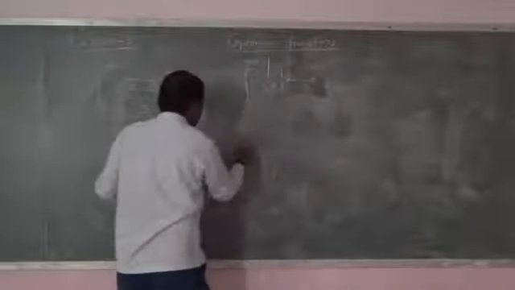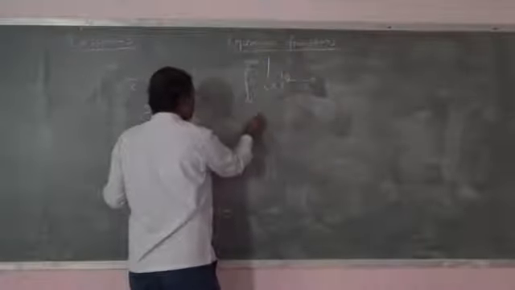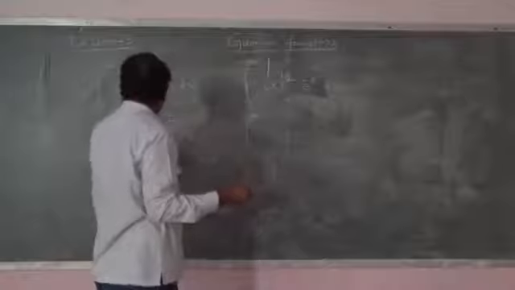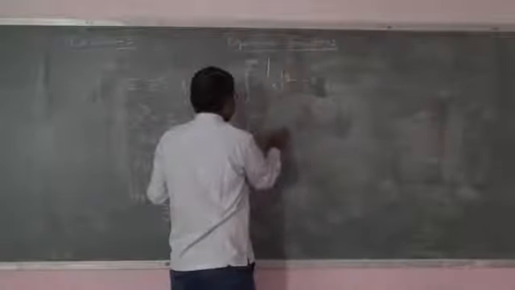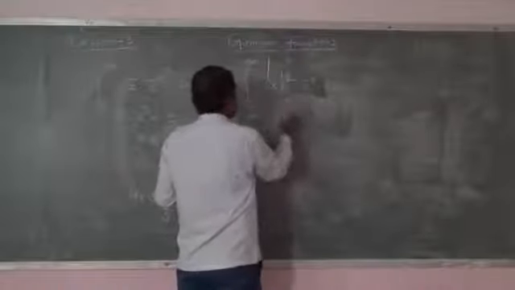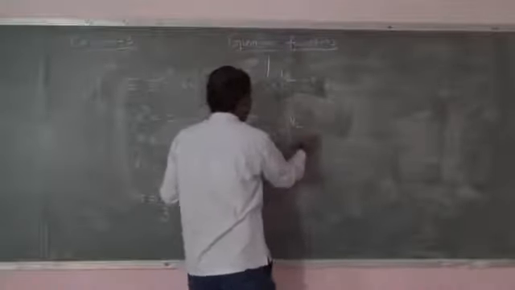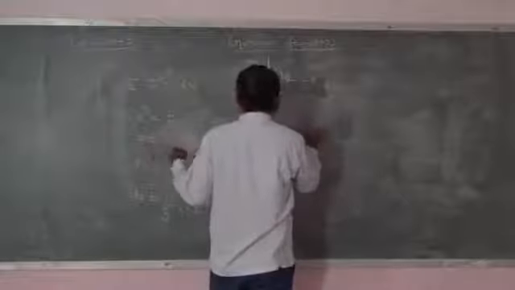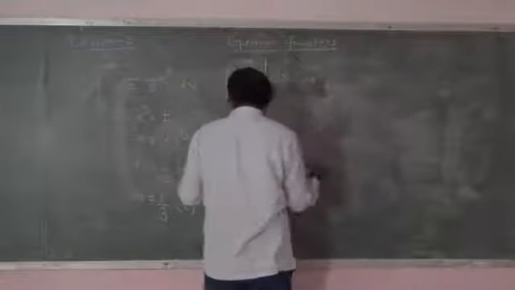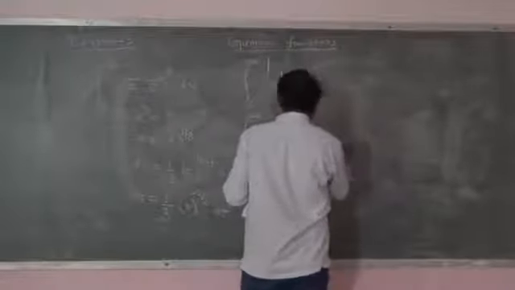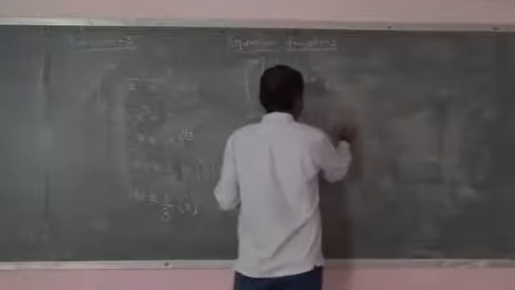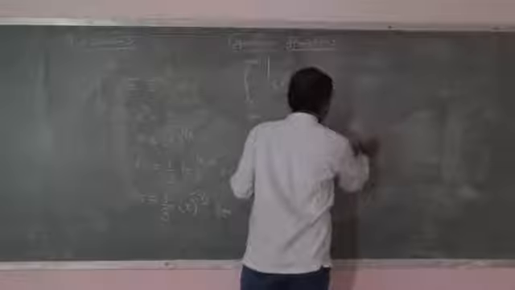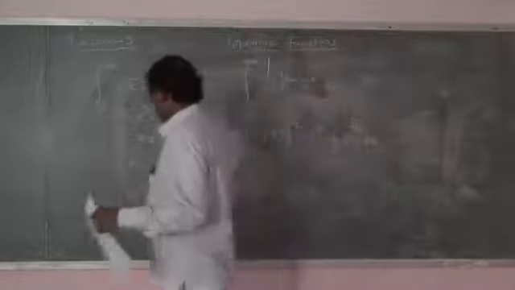Now you simplify, you put these values. What is x? t raised to 1 by 3. So it is t raised to 1 by 3 raised to 1 by 2, and e raised to x cube is t, this is minus t, and dx is 1 by 3 t raised to minus 2 by 3 dt.